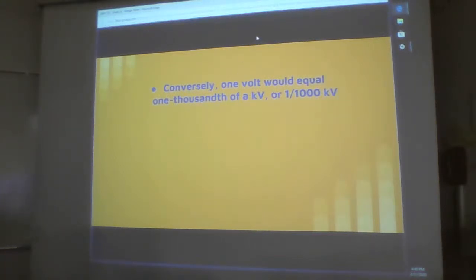Also, as an example, 1 volt would equal 1,000th of a kilovolt, or 1 over 1,000 kilovolts. It can also be stated as 0.001 kilovolts. That would equal 1 volt. So these two statements are equivalent.